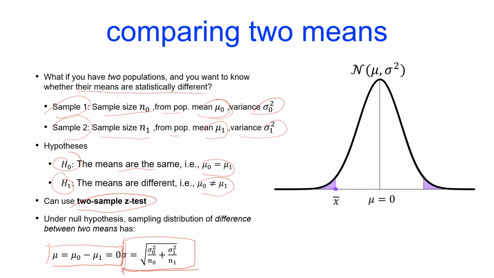I don't know how to explain this, so just remember this formula. Sorry, this is not corresponding to standard error yet. This is just corresponding to the population variance, population standard deviation as before.